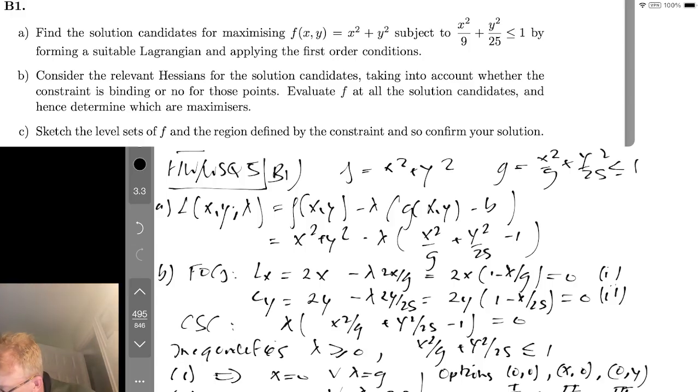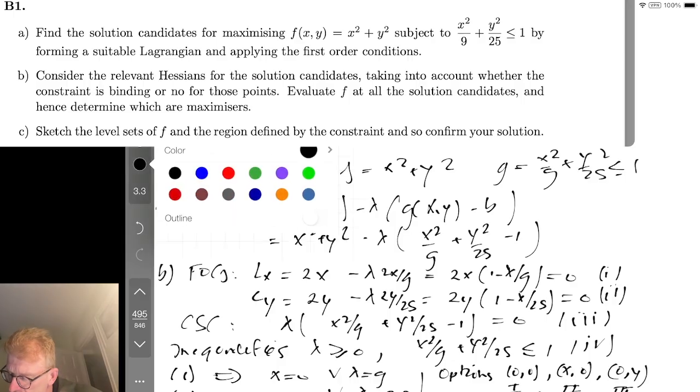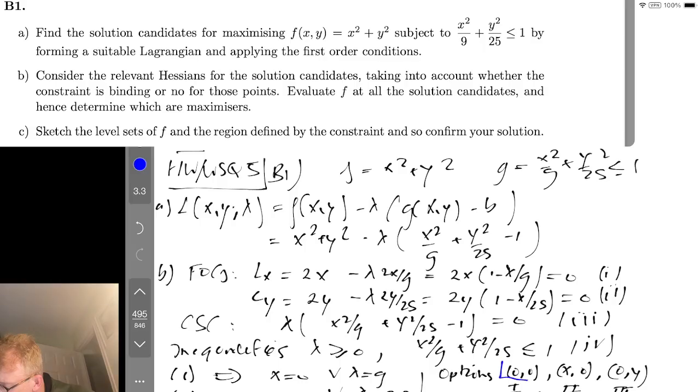So if we look at 0, 0, this is 3, this is 4. Then obviously when 0, 0, we're in the interior, but then for 0, 0, lambda is 0, so not binding.